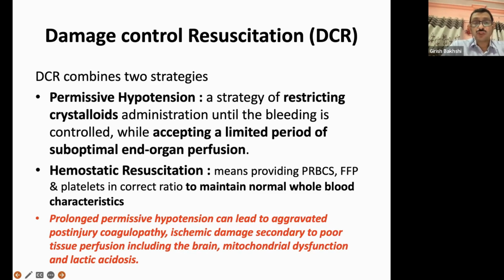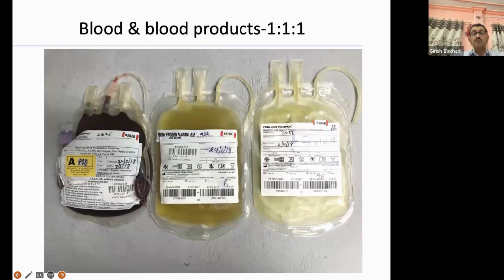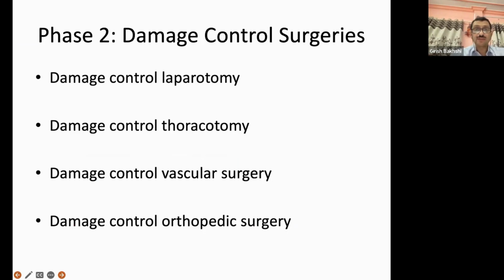What they found out was that the ratio should be 1:1:1 in patients who have lost blood or the patients who have come to you in coagulopathy, especially in trauma. And this is known as hemostatic resuscitation.